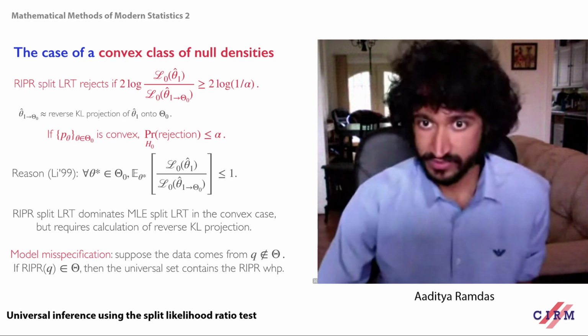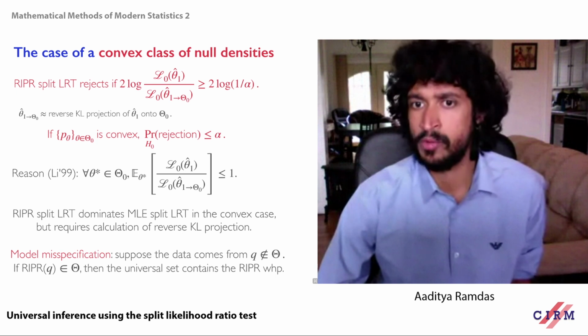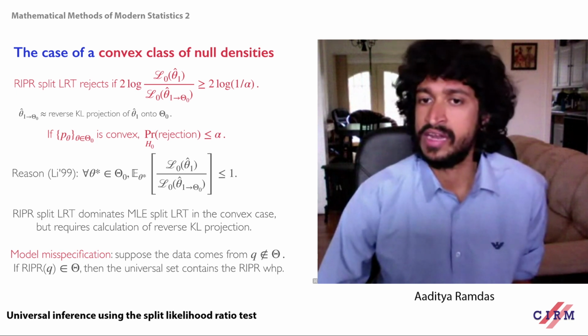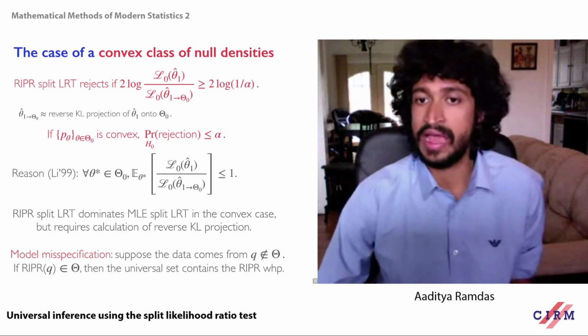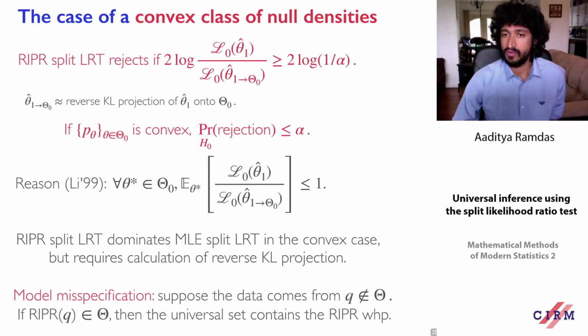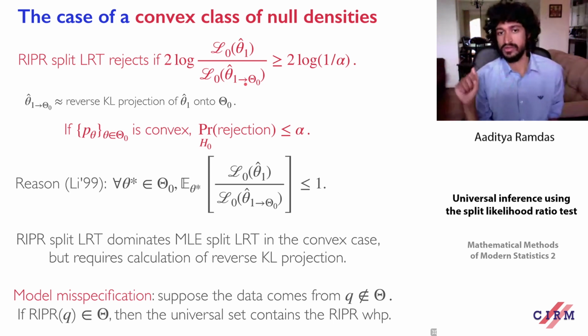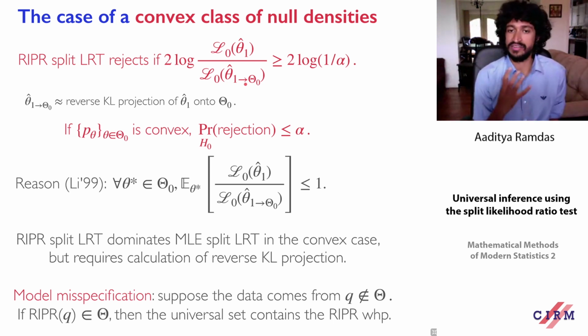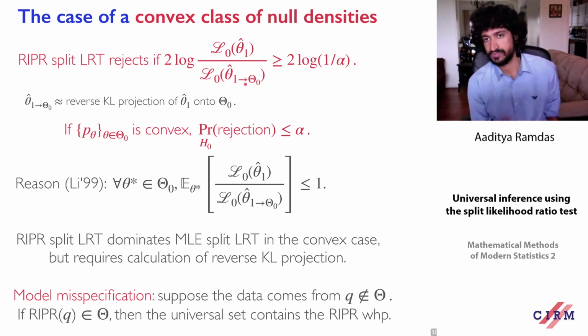So in that special case, you can construct a different test, which I'm calling here the RIPR split LRT. The difference is that in the denominator, in the null likelihood, I'm not substituting the null MLE. I'm instead substituting this arrow of theta hat 1 to theta 0, which is the reverse information projection of theta hat 1 onto theta 0.